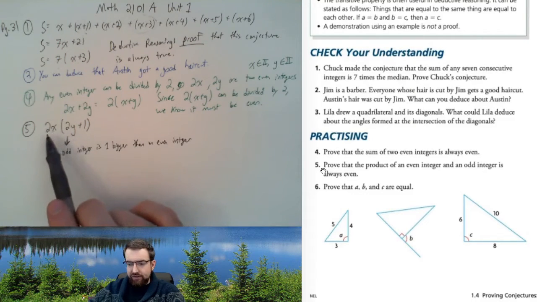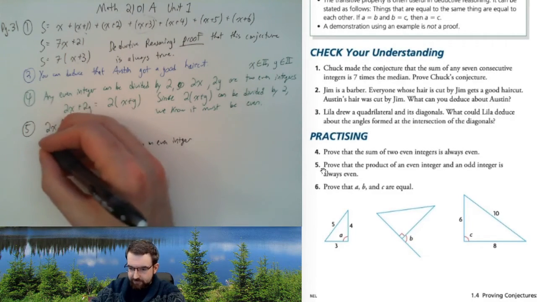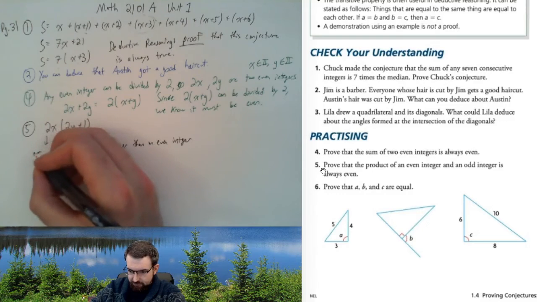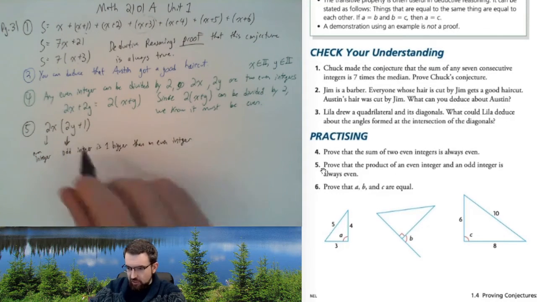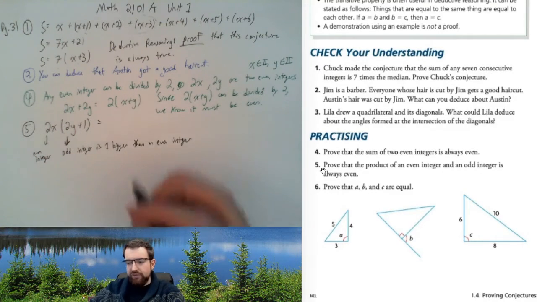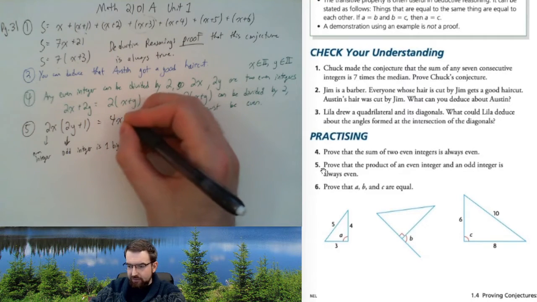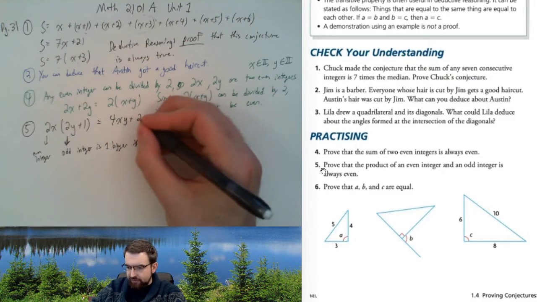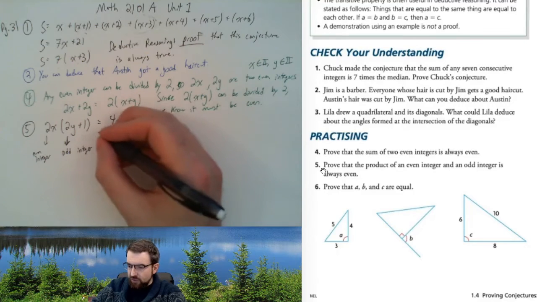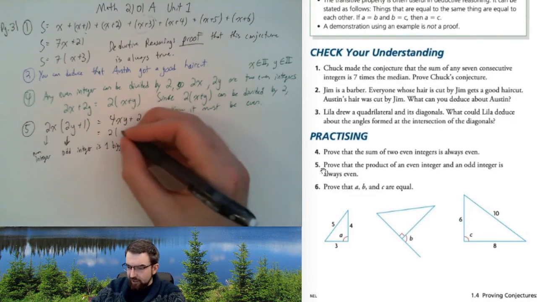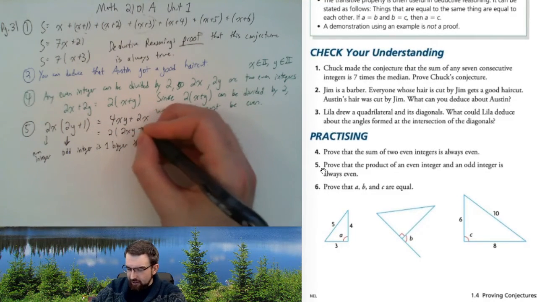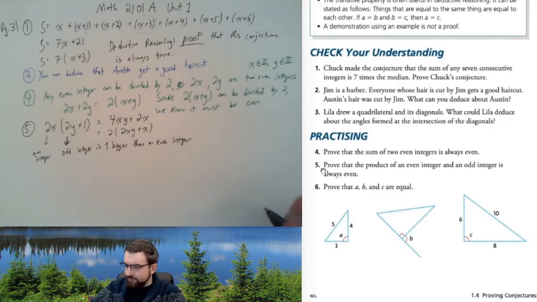So here now we know this is an even integer. Well, that's an odd integer. We multiply these two guys together. We're going to get 4xy plus 2x, which we can also call 2 outside of 2xy plus x, right?